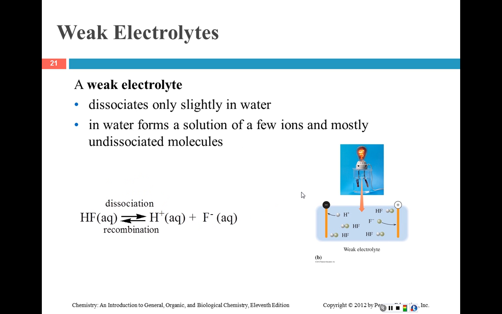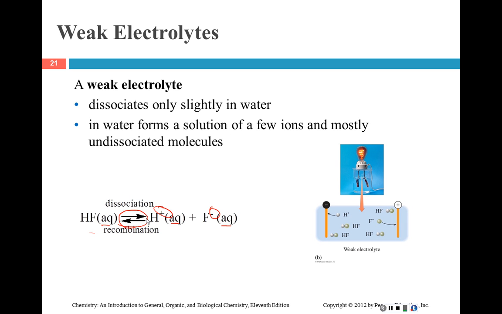Alright, so a weak electrolyte, we said, dissociates only slightly in water. And so when we write the dissociation of a weak electrolyte, everything will be aqueous, okay? And you will get a plus and a minus here for your HF. But this time, what are we going to do?